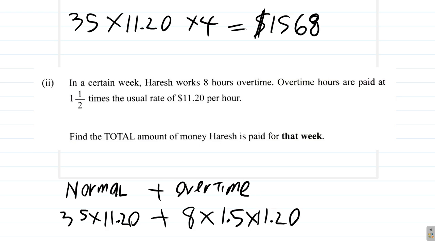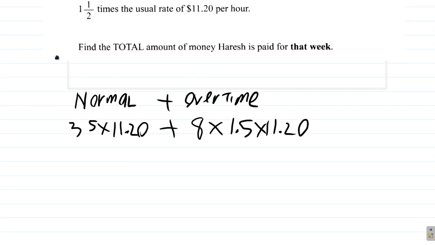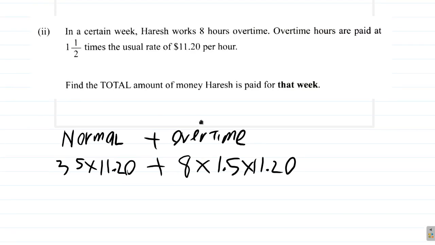Alright? So remember, the question says the total, and it has total in full capital letters. The question did not ask how much overtime he worked. He's paid. It says the total, that means everything. So you have to put the normal amount of money plus the overtime money.